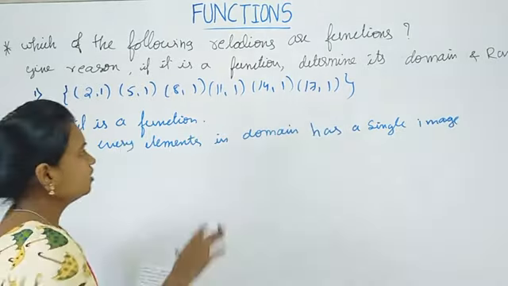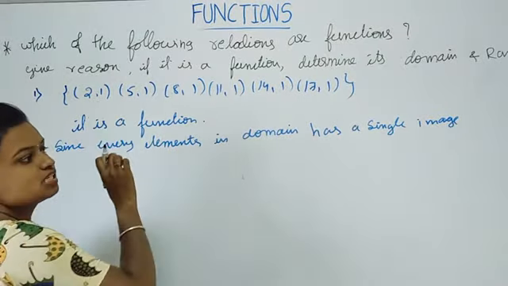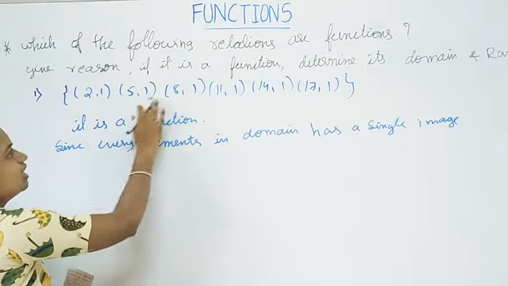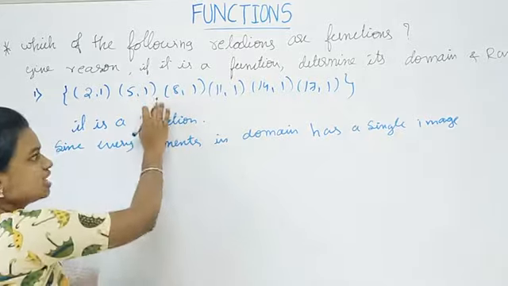So we already know that this is a function because every element in the domain has a single image. The first element is not repeated, therefore this is a function.